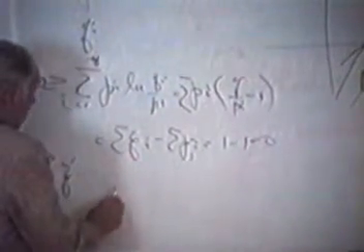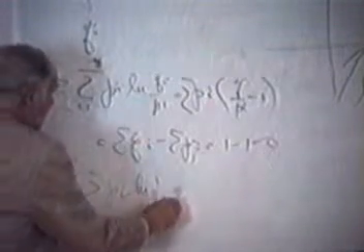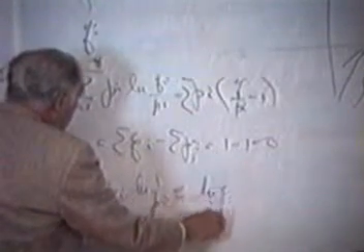Now, if I take the q's all 1 over q, I deduce almost immediately that the sum of Pi log 1 over Pi is less than or equal to log q. The entropy is bounded above by that. The log of the number of symbols bounds the entropy above.